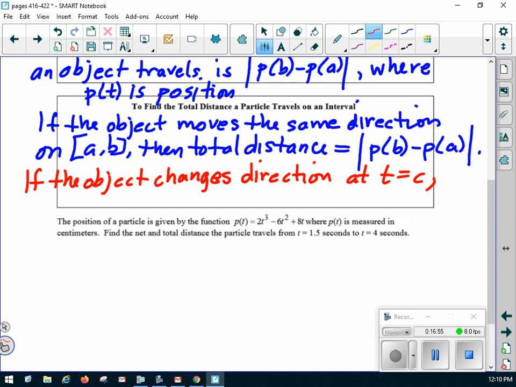How would you find total distance if the object changed direction? If I forgot my wallet, I had to go from here to home, back here, and then to Walmart. I would do it in pieces.